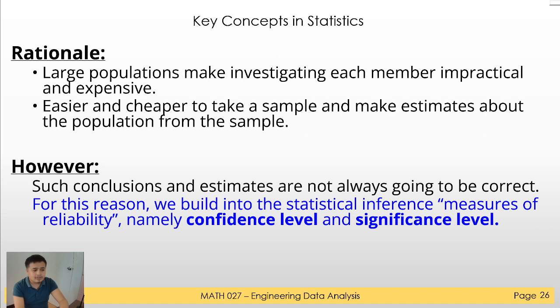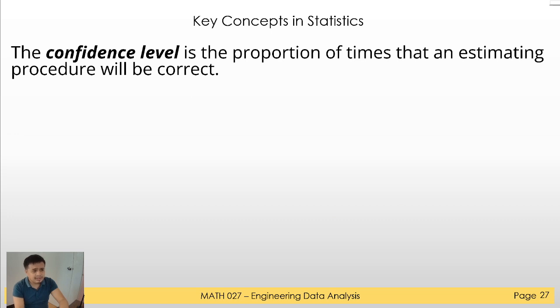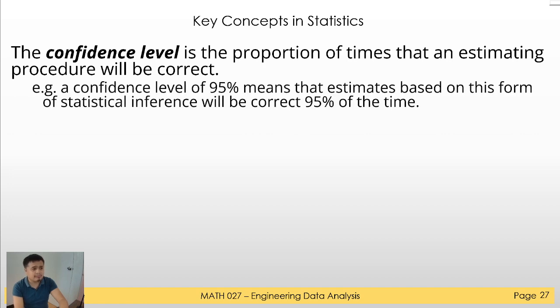We have this thing called the confidence level and the significance level. So the confidence level is the proportion of times that an estimating procedure will be correct. One example of this is we would say that we have a confidence level of 95%, which basically means that it will be correct 95% of the time.